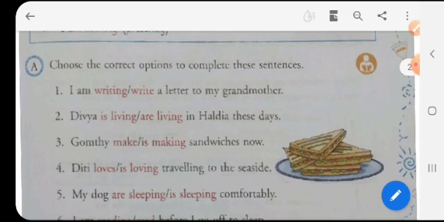So if it is singular, if we are talking about one person, then the verb is is to be used, and if we are talking about a group of people, then the verb are is used. So here Divya is a single person, and then we will see that Divya is living in Haldia these days. So do all these sentences all by yourself.